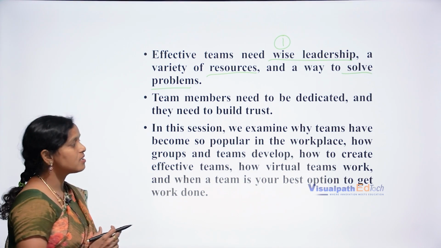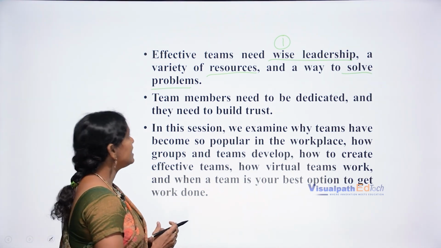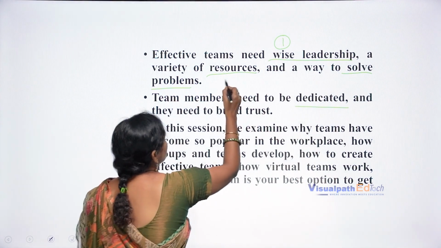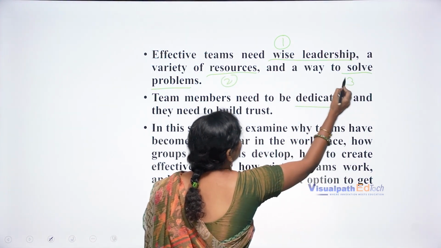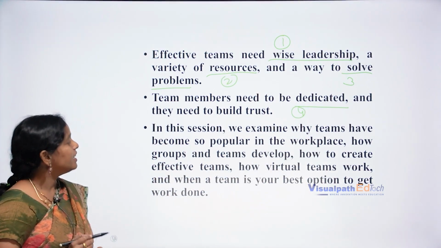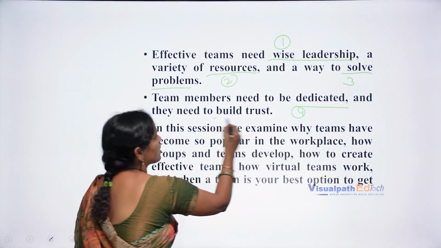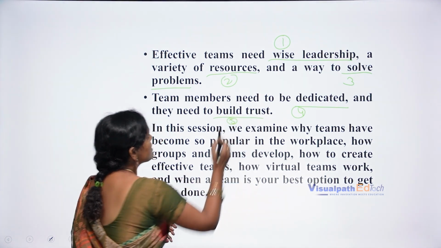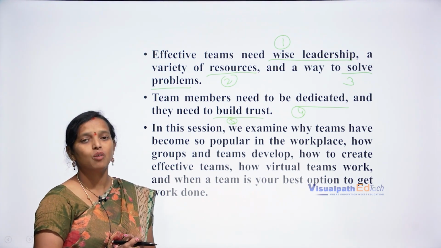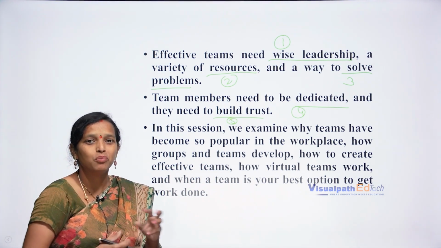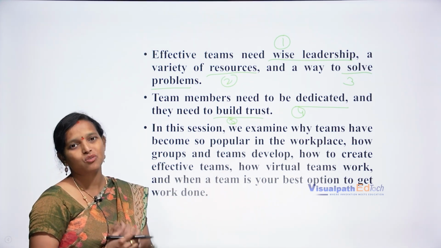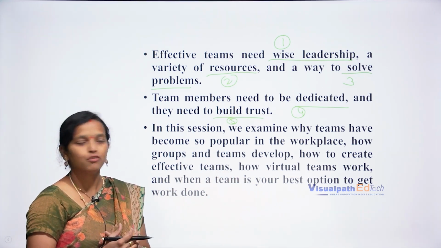The team members need to be dedicated, and they need to build trust between each other. These are the components or elements that need to be developed in the team to crack the challenge of the scientific conference on robotics.